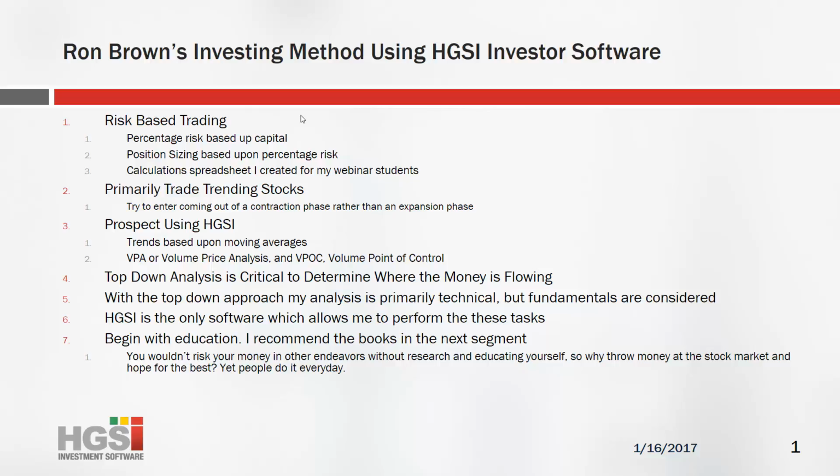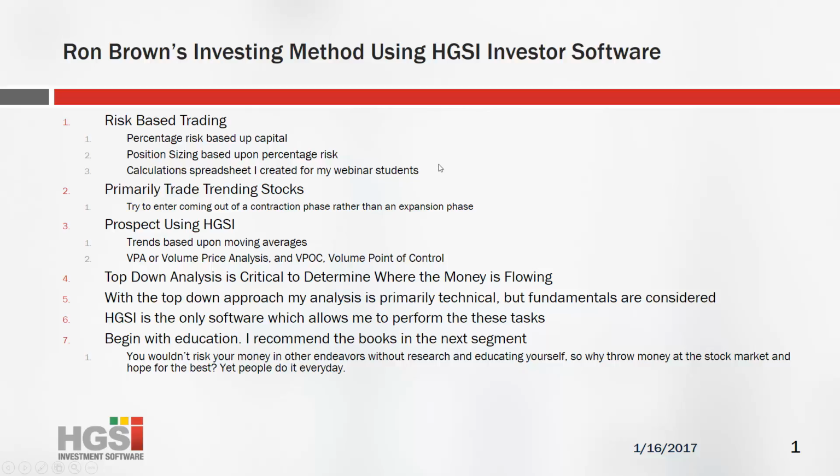And oftentimes it did, but more often than not it did not. So what I do is I base my percentage risk upon the amount of capital that I have. Position sizing is also based upon the percentage of risk, and these calculations are done in a spreadsheet that I created for my webinar students.